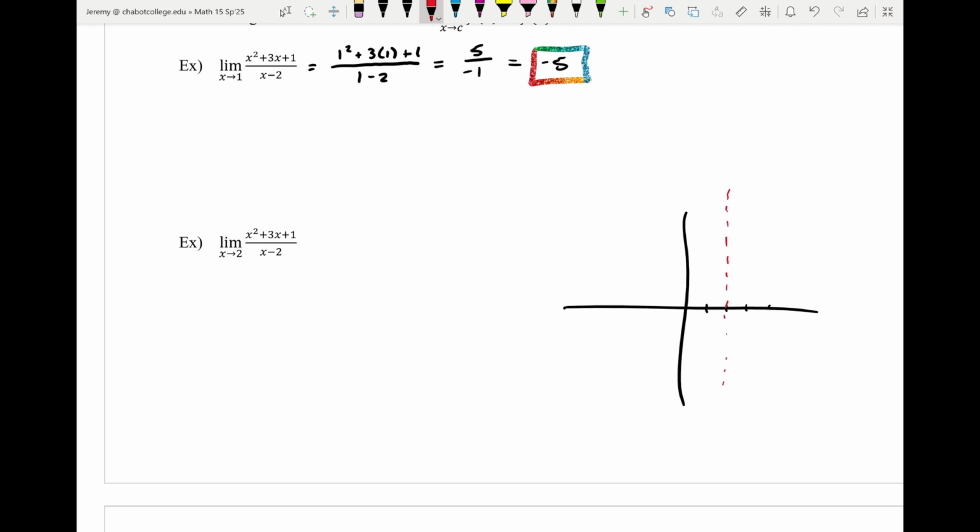You probably could have figured that out by noting that 2 gives us a 0 in the denominator. And this function also has a slant asymptote, an asymptote that looks something like this. And the graph looks kind of like this. I'm just sketching it so we can get an idea of what we're working with here.